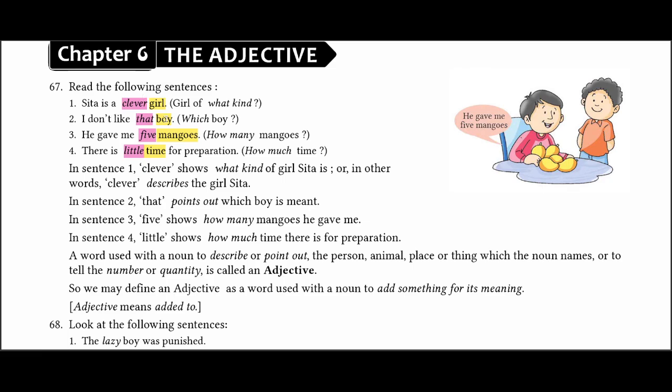They describe the noun, they point out the noun, they tell the number of the noun, they tell the quantity of the noun. So clever, that, 5, and little. These words are adjectives.